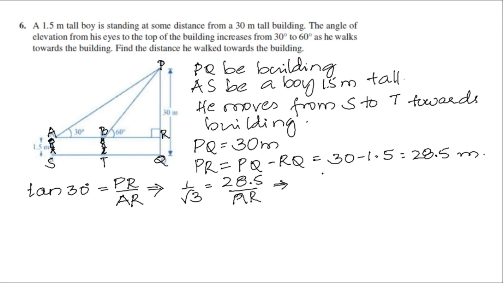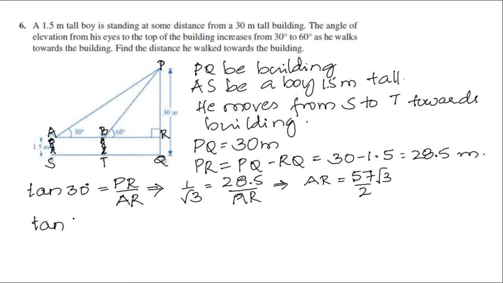This implies AR will be equal to, this 28.5 is same as 57 by 2. So I will write it as 57 by 2 multiplied to root 3. This is the length of AR.